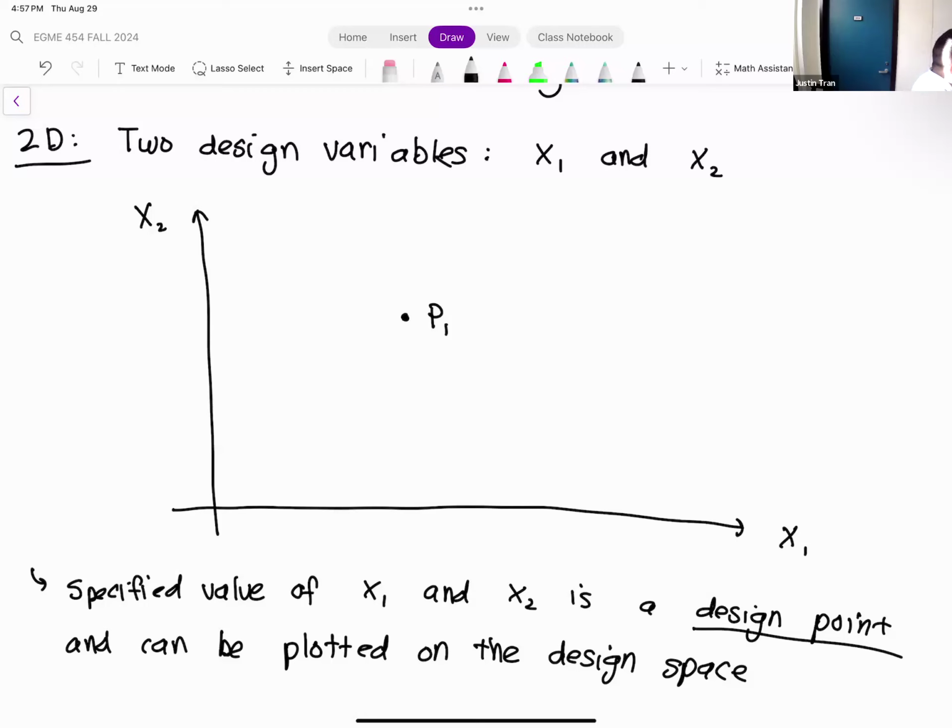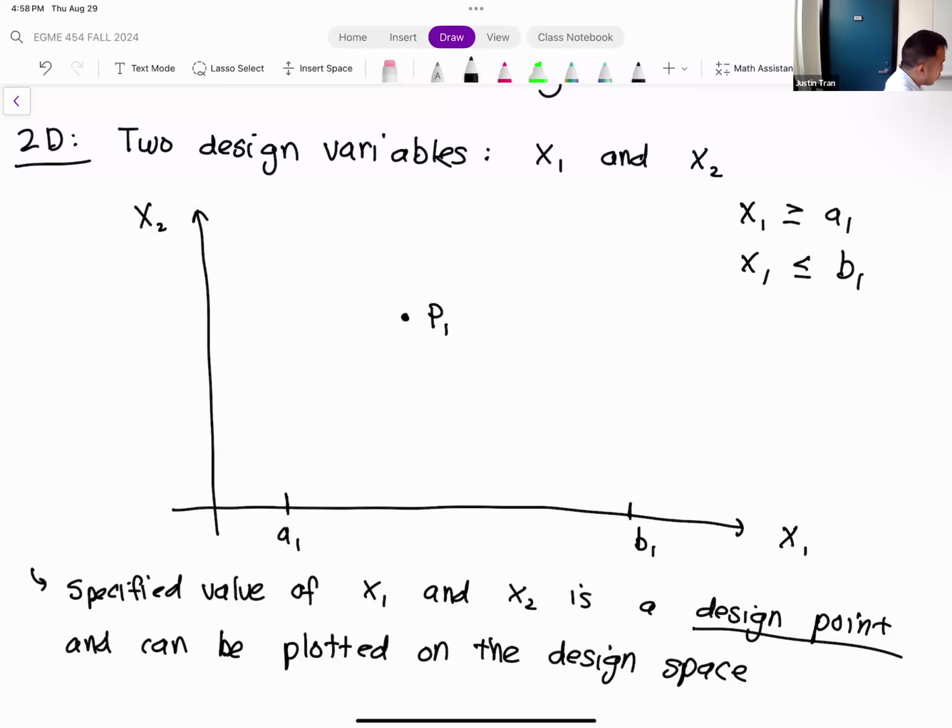Just like the one-dimensional case, we can use this design space to represent our constraints. Let's stick to simple inequality constraints. We'll say that x1 is bound by two values, so that x1 has to be greater than or equal to a1, and x1 has to be less than or equal to b1. If we plot the values for a1 and b1, this is a1, right here is b1.